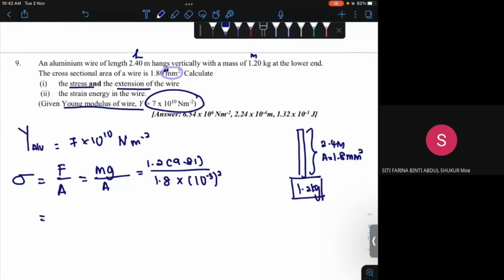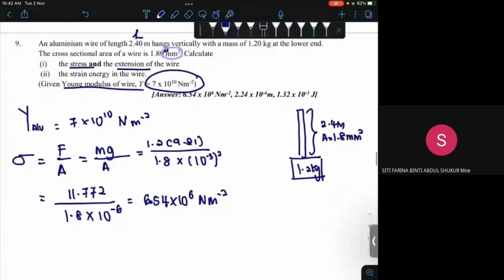So 1.2 times 9.81 dapatlah 11.772 bahagi dengan 1.8 times 10 to the power negative 3, darab dengan 2 dapat negatif 6. And then you do your next, awak akan dapatlah jawapan kamu sebanyak 654 times 10. Dan ini adalah kamu punya stress.